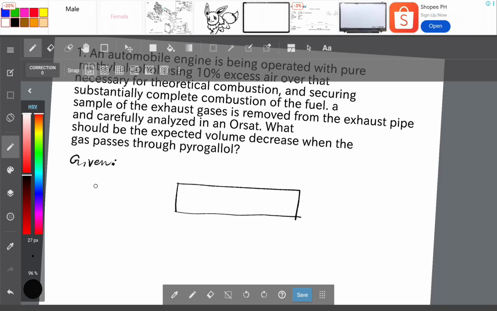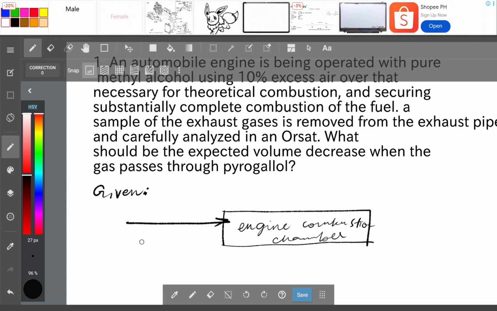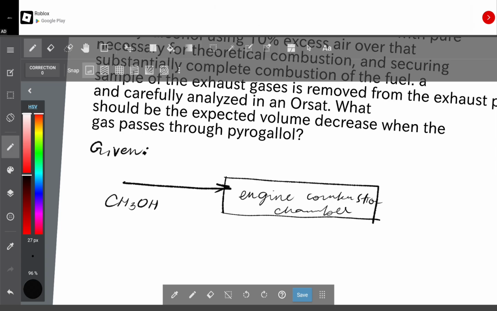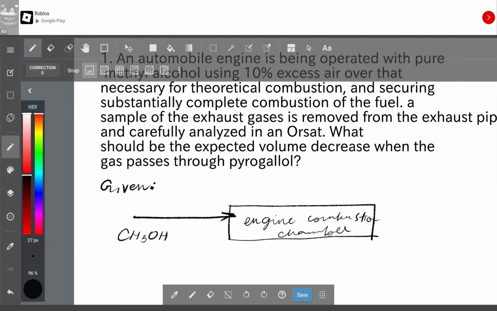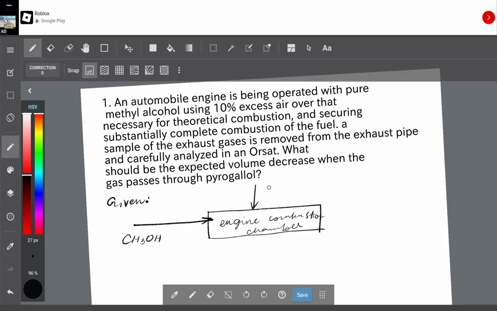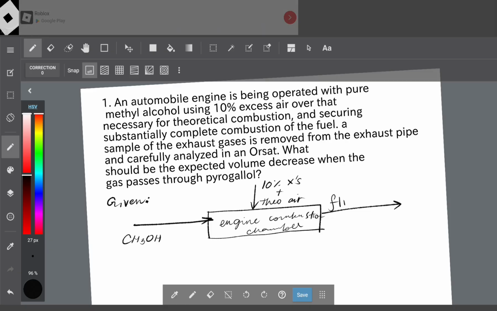I don't know. So, pure methyl alcohol goes inside the engine chamber. Methyl alcohol, that's CH3OH, right? Because methane is CH4. And it's burned with 10% excess air, which means there's a 10% excess plus theoretical air, and then it comes out as a flue gas.